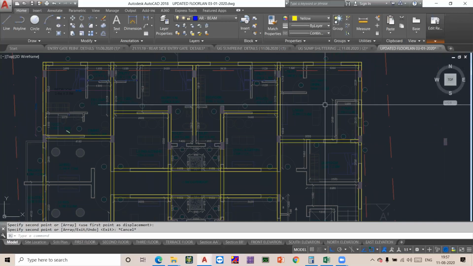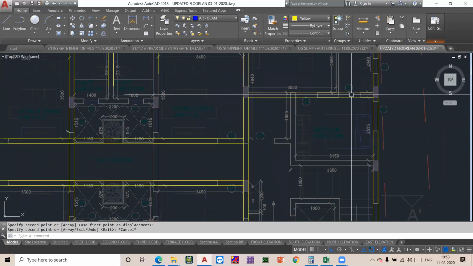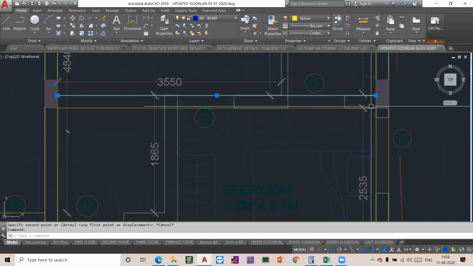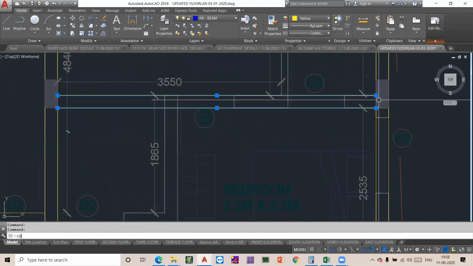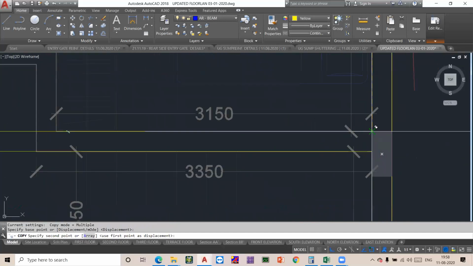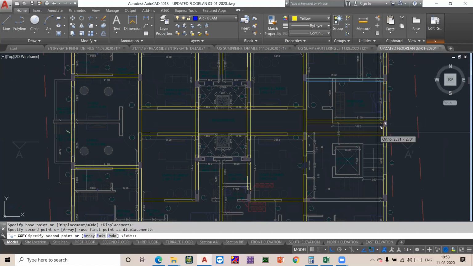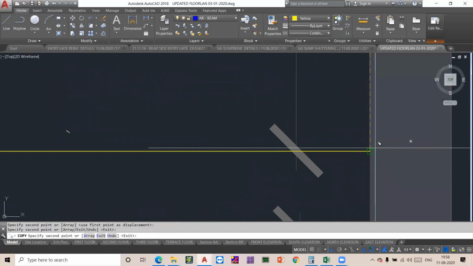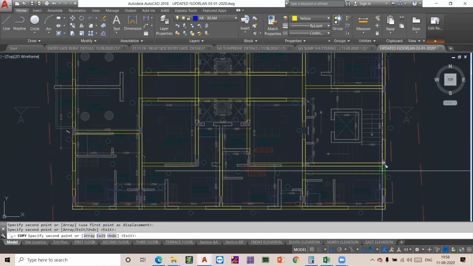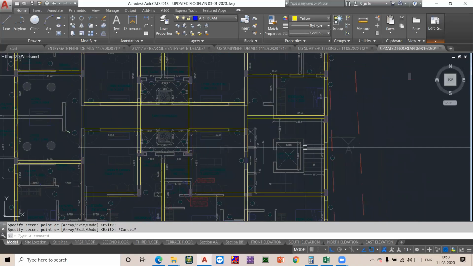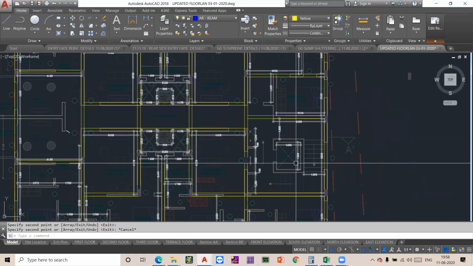So likewise we have almost frozen our beam layout too. See, now coming to this lift core, you will again have to be supporting this.